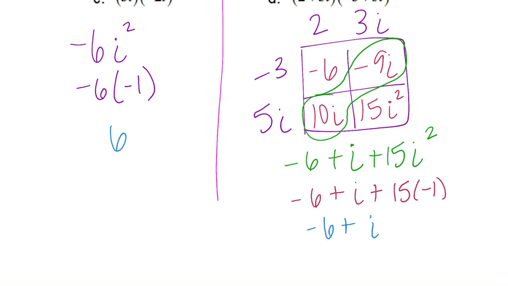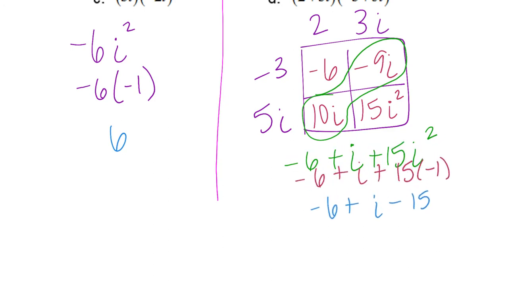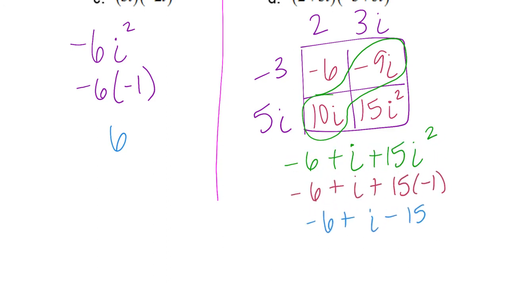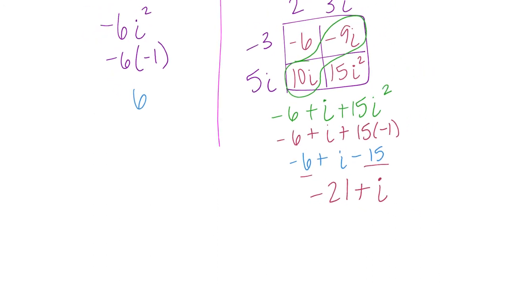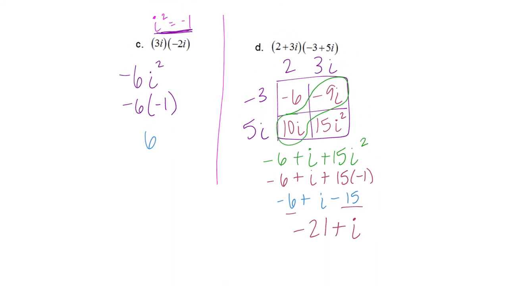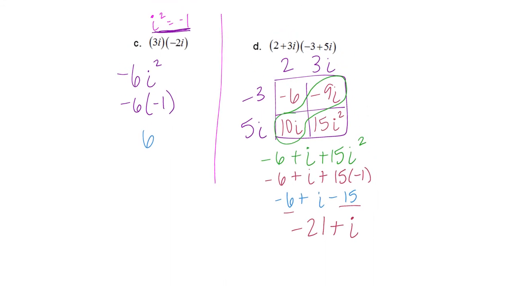So -6 plus i minus 15. And now these are actually like terms. That's -6 and -15. So what I need to do is I need to combine them. So -15 and -6 gives me -21 plus i. Remember, no matter what, that real number, that whole number, has to go in the front, has to be written first. All right, hopefully this is getting easy.